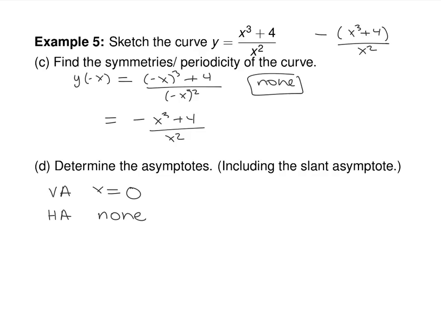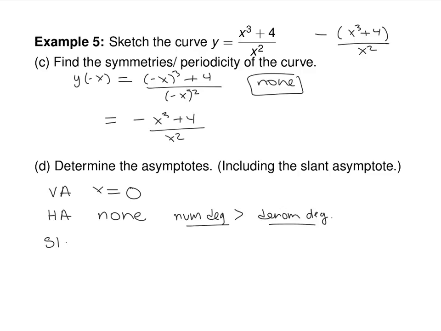Remember that? So the numerator degree is bigger than the denominator degree. You should have learned that in Algebra 2 and probably a pre-calculus class as well. I know my Algebra 2 students did it, and if your teacher didn't do it, you can go scold them. Okay, so there are no HAs.